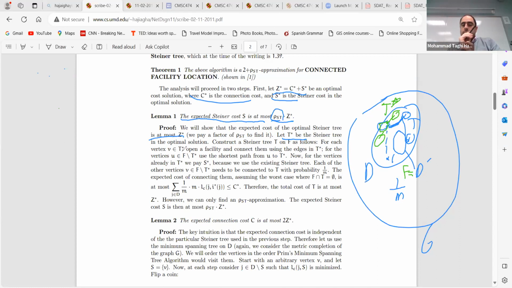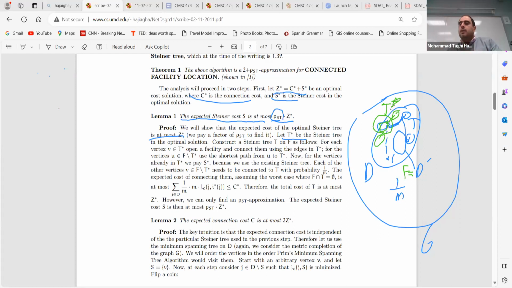Good. So F and T star, or D prime, have some intersection. For example, this vertex is in the intersection. How do we do that? We consider this T star and buy all the edges.